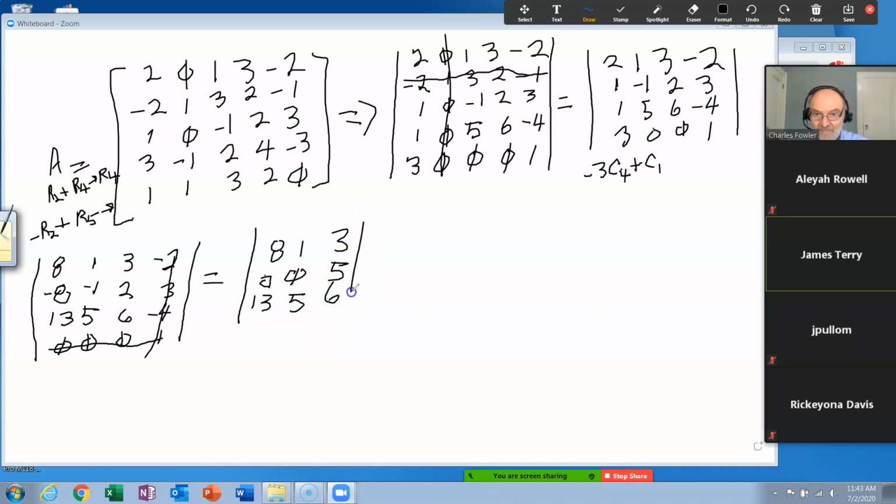Now the big question is, what's the sign of this position? That 5. Anybody? The sign of the position. No, it's negative, isn't it?